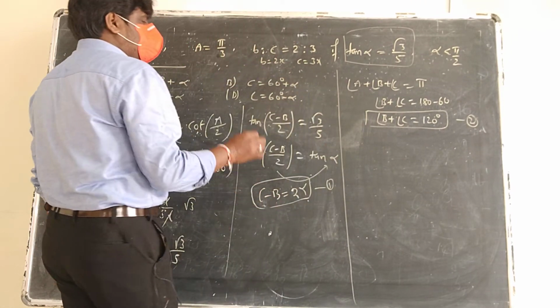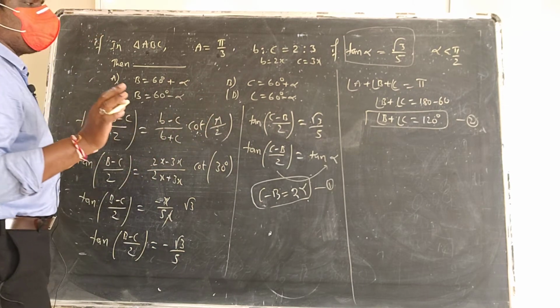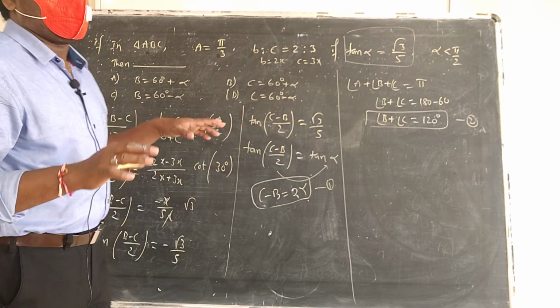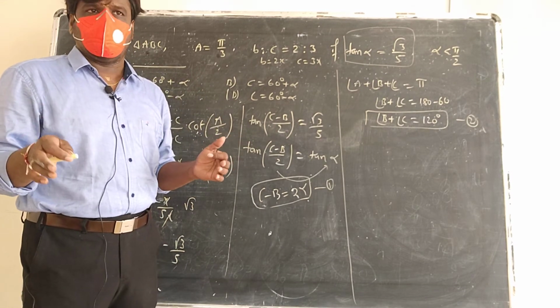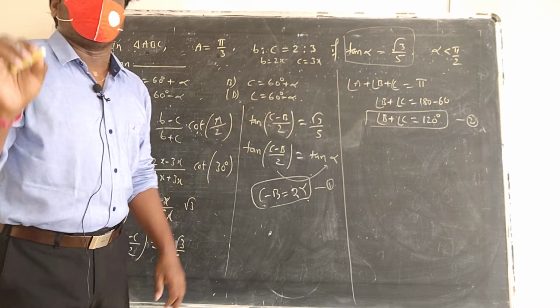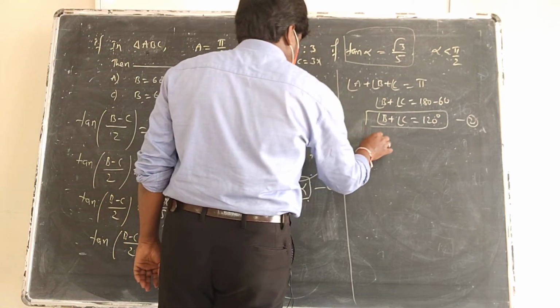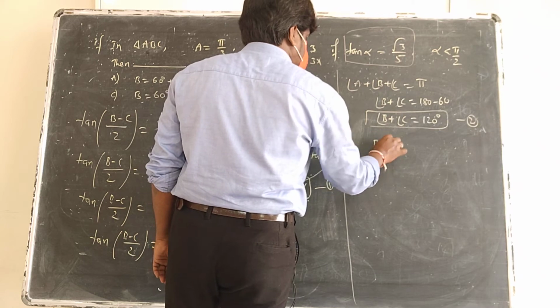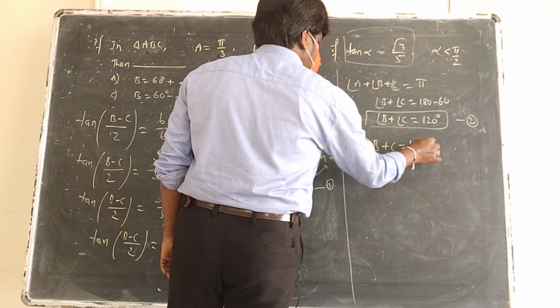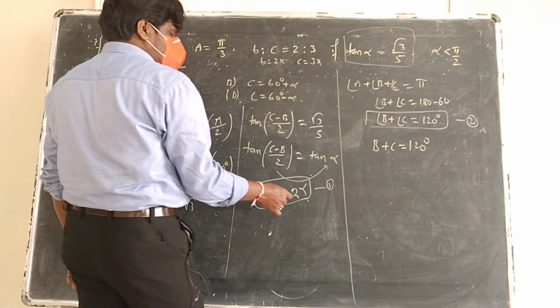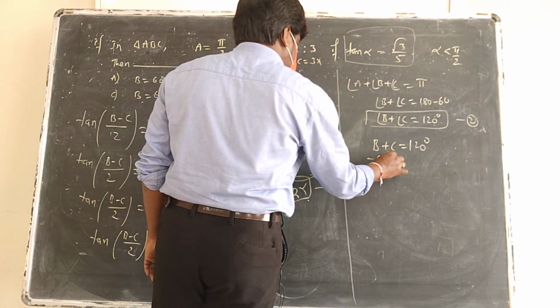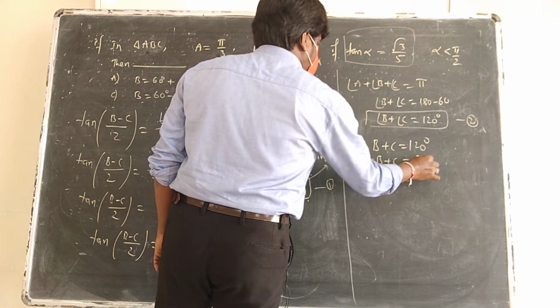Here, no need to write the angle symbol. Capital B indicates that it is only the angle. So here you get B plus C is equal to 120 degrees, and here C minus B is equal to 2 alpha.